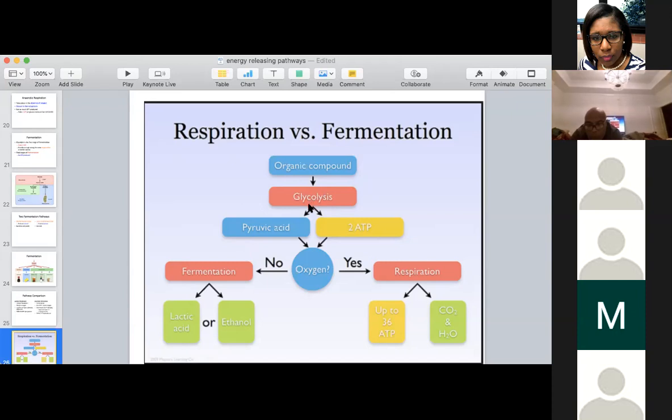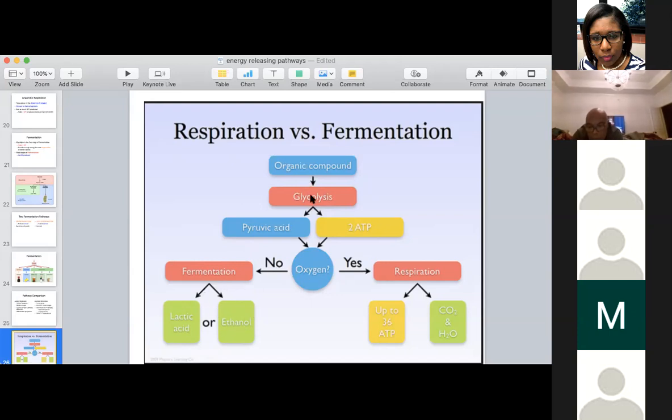And then in order for that reaction to continue, we say, okay, is there oxygen available or not? Okay, if there's no oxygen available, then that pathway will proceed into what we call fermentation. And we looked at 2 types of fermentation: the lactic acid fermentation and the ethanol fermentation or alcohol fermentation.